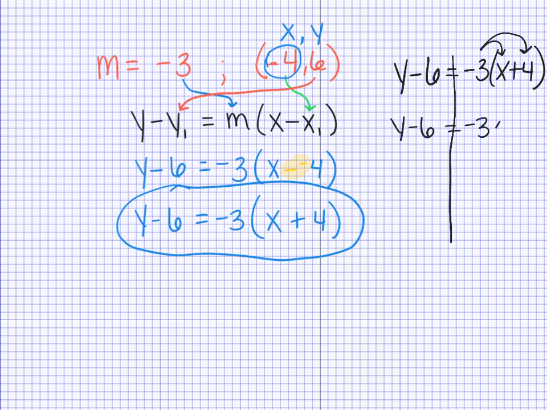You get -3x minus 12. And then to get that y by itself, I would add 6 to each side. So that would become -3x minus 6. And that would be in slope-intercept form. So again, if you're asked to put it in slope-intercept form, you would just need to solve it for y, and that would be it.